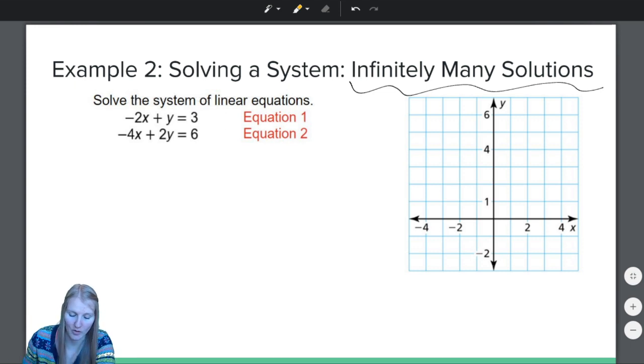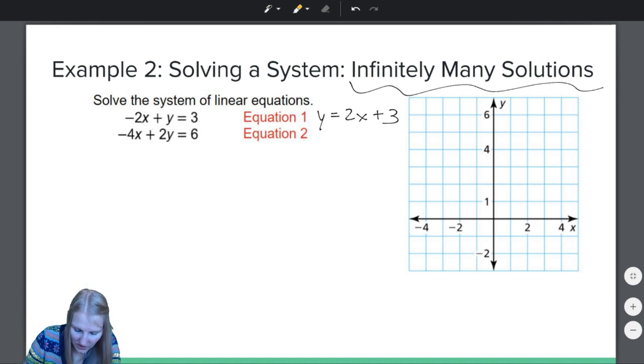So first let's graph. And to graph, let's put these in y equals mx plus b form, because right now these are in standard form. If I solve equation number 1 for y, I'm going to add 2x to both sides, and get y equals 2x plus 3.